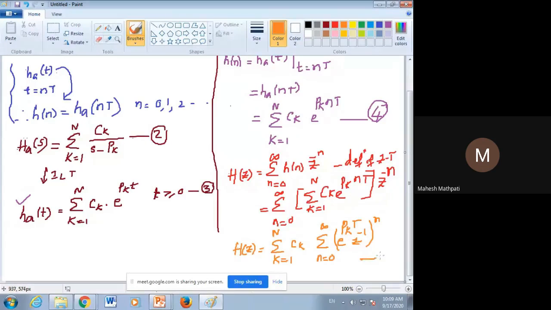Let us call it equation 5. Then how can I express this part? Anyone?